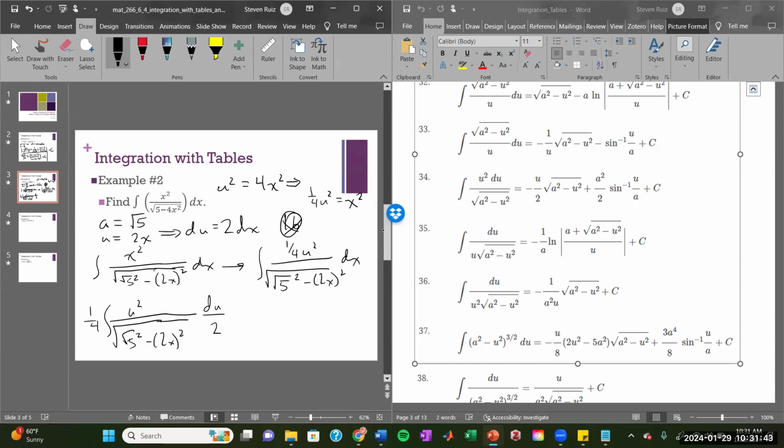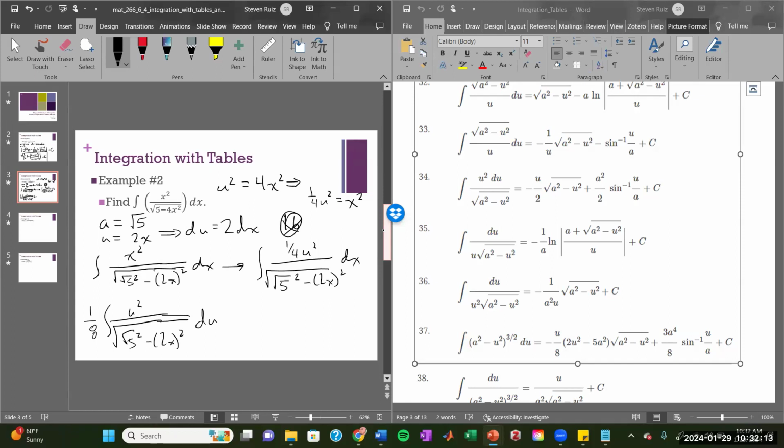I'm running out of space so quickly. Can I call this a du? And can I call this a 1/8? Yes. So are we okay now? It doesn't look very convenient or simple to use the formula that I was trying to set up for. So maybe I should pause here.